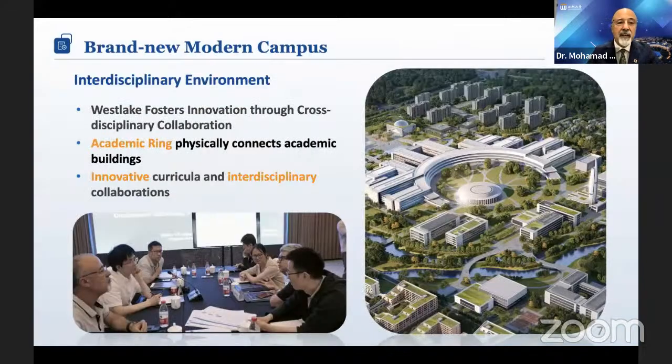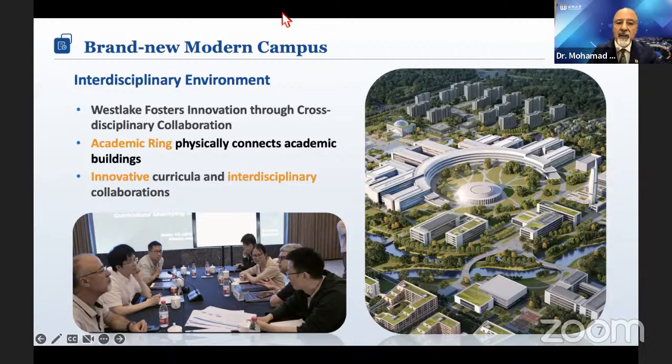Of course, we now talk about the campus. Westlake University has 2 campuses. The first one is maybe old now, around 10 years, it was a big research institute and then moved to a university. But the new one, you have the image here, is what you see as an academic ring.